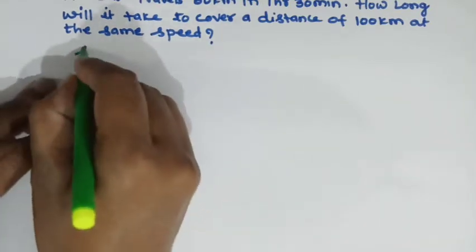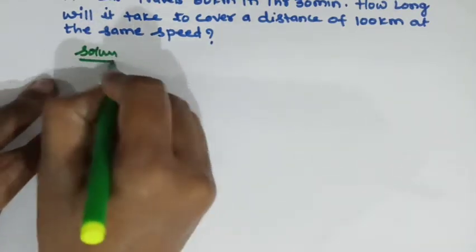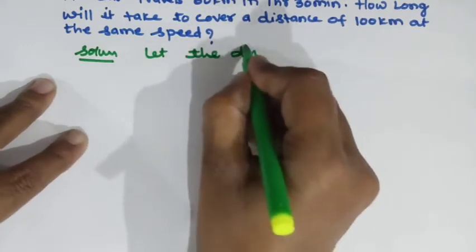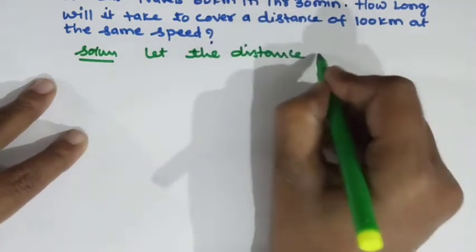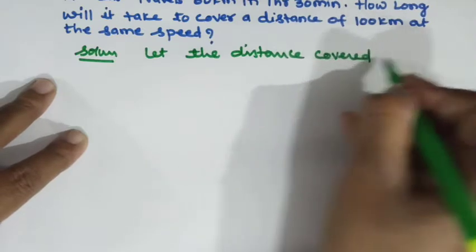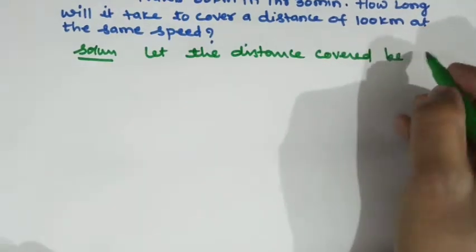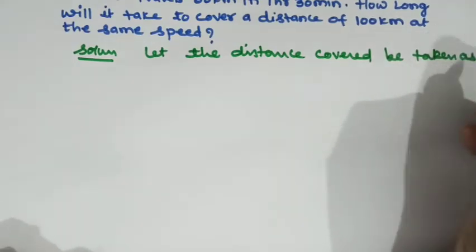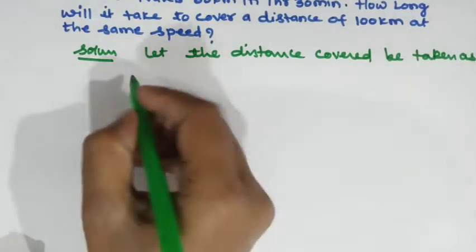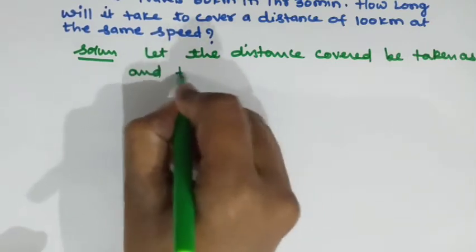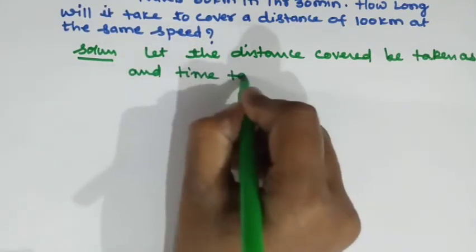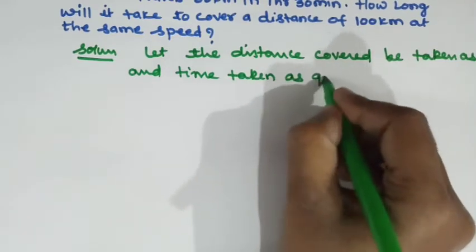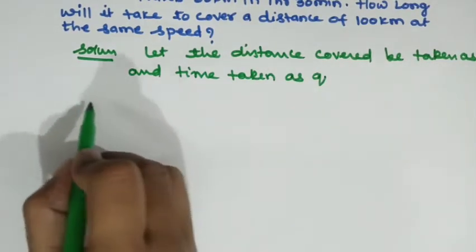So how will we start our solution? Let the distance covered be taken as P, and time taken as Q. Now quickly make the table.